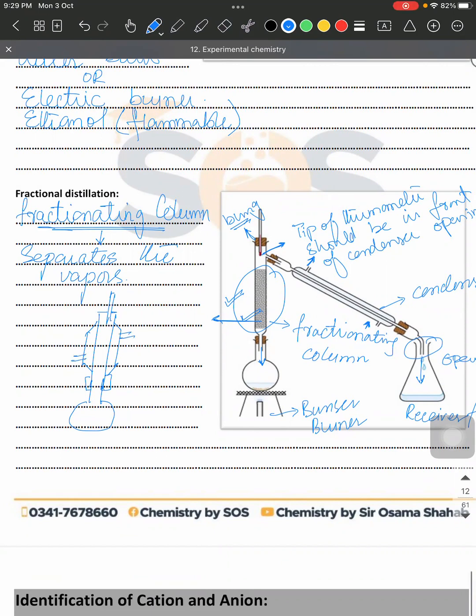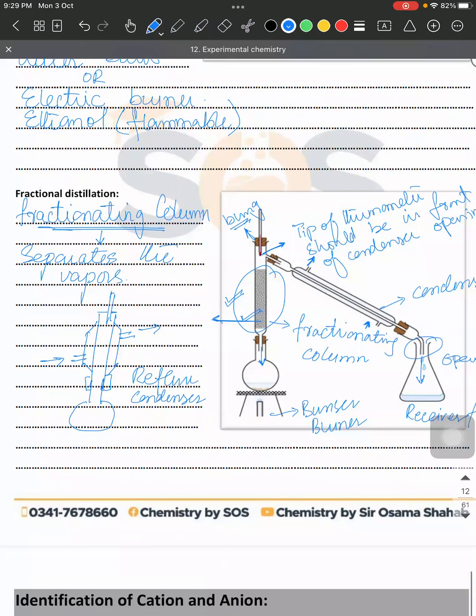So water inlet and water outlet. This is known as what? A reflux condenser. In many questions, you will find a condenser placed vertically on the flask. Why do we use this? We use this to turn the vapors into liquid form and send them back to the flask.